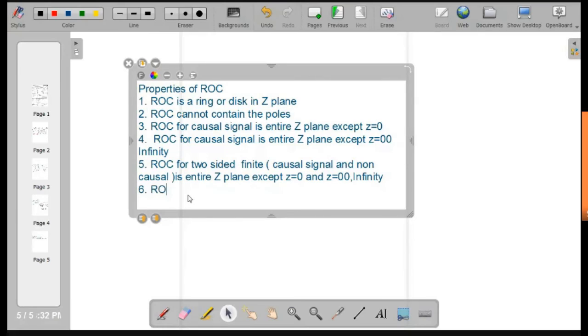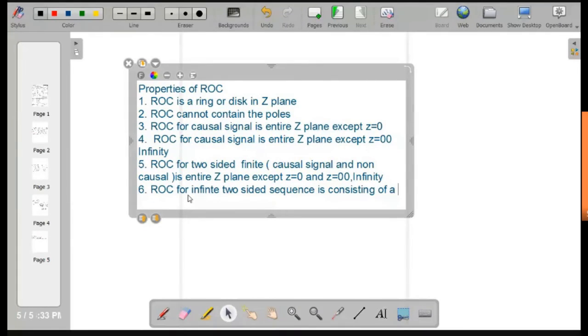ROC for infinite two-sided sequence, just now you have seen, is simply consisting of what?